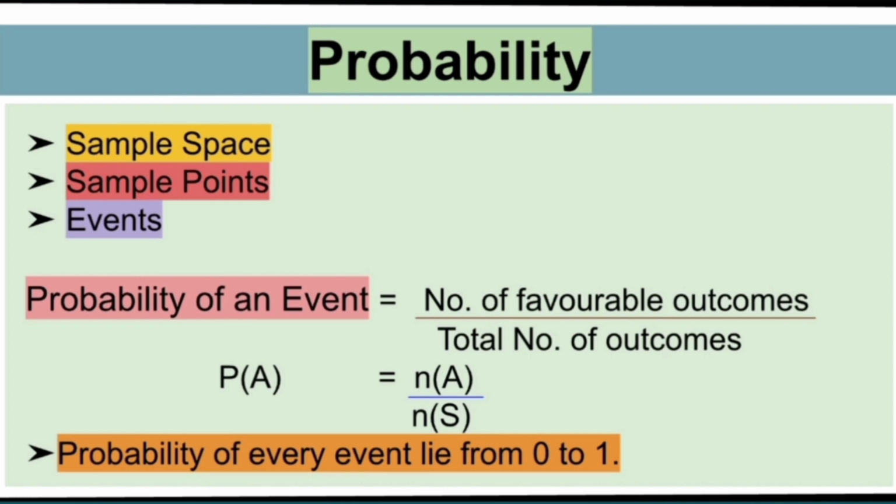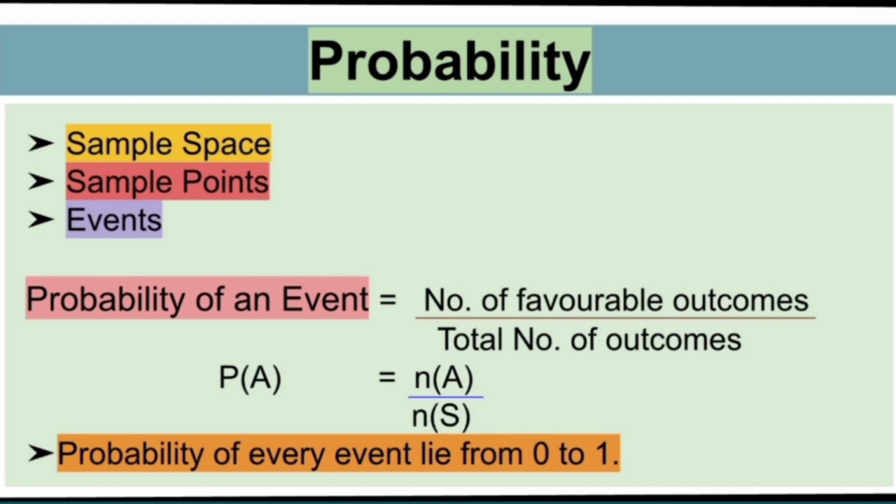Now today we are going to learn about the probability of an event. That is nothing but the number of favorable outcomes. That means the other name is what? N of A, that is the number of sample points in the event A, divided by the total number of outcomes, that is the number of sample points in the sample space.